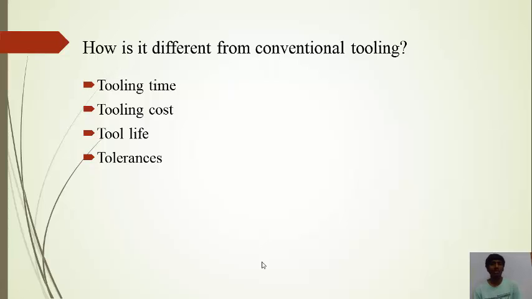And coming to tool life, depending upon many rapid tooling techniques, we have increased the life of the tools. And when compared to the conventional machining process, the tolerances depend upon the machining process. Once the rapid tooling is produced, we can get good tolerance components.